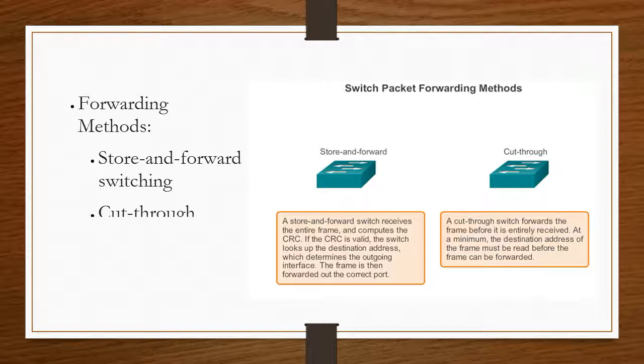In this process, the switch also performs an error check using the cyclic redundancy check trailer portion of the Ethernet frame. In cut-through switching, the switch acts upon the data as soon as it is received. Even if the transmission is not complete, the switch buffers just enough of the frame to read the destination MAC address so that it can determine the port to which it has to forward the data.